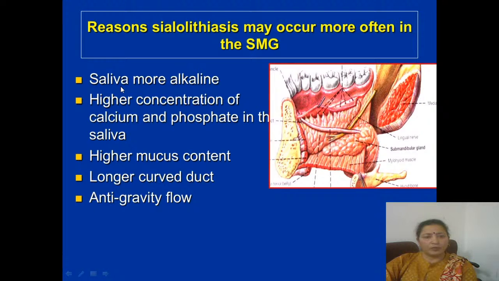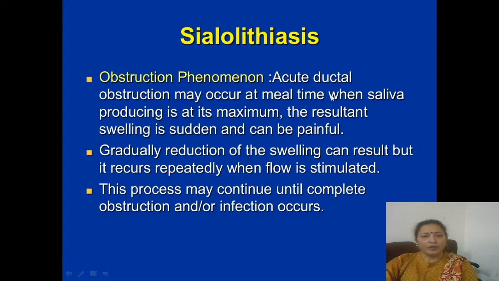A few conditions that are known are: saliva is more alkaline, higher concentration of calcium and phosphate has been seen in the saliva that comes out from the submandibular gland, higher mucus content is there, the duct that comes out from the gland and opens finally at the floor of the mouth has a little longer, curved route, and obviously it goes in an anti-gravity flow. And what does it do? It is more, the symptoms come up.